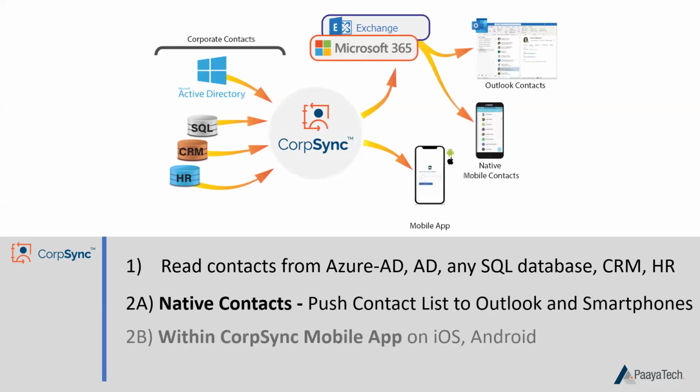If you'd like your contacts available on the smartphone's native contact list or Outlook app, CorpSync will push them to Outlook and they will be synced to the mobile device automatically. If you prefer to separate corporate contacts from personal ones, you can use the CorpSync mobile app.